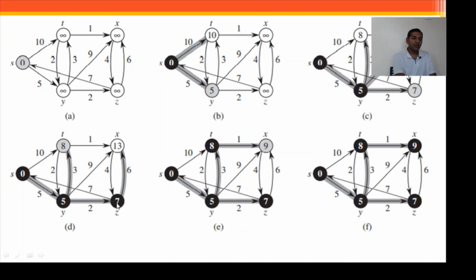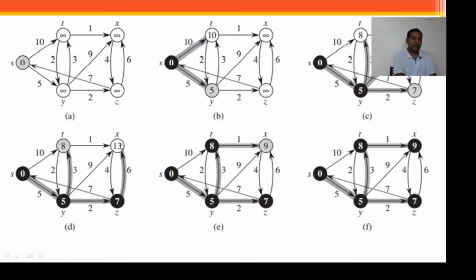The only adjacent vertex of this Z is X. So 7 plus 6 is 13, and 13 is better than 14, so we'll replace 14 with 13. Now no adjacent vertices of Z remain, so we will darken this vertex and move further.